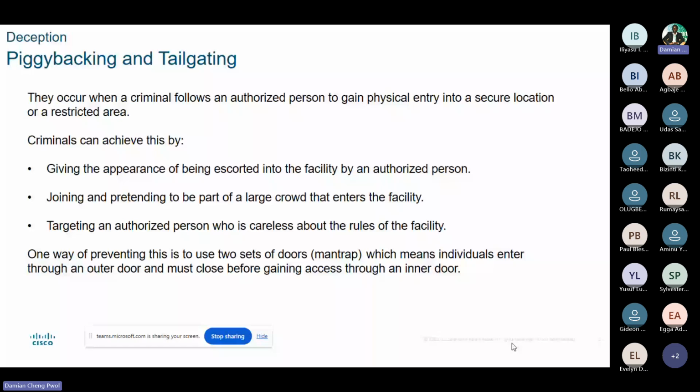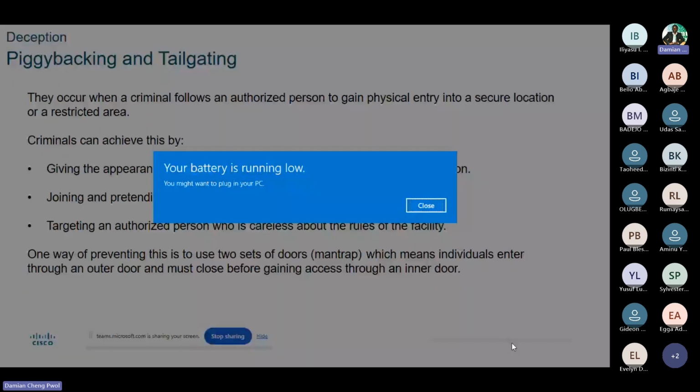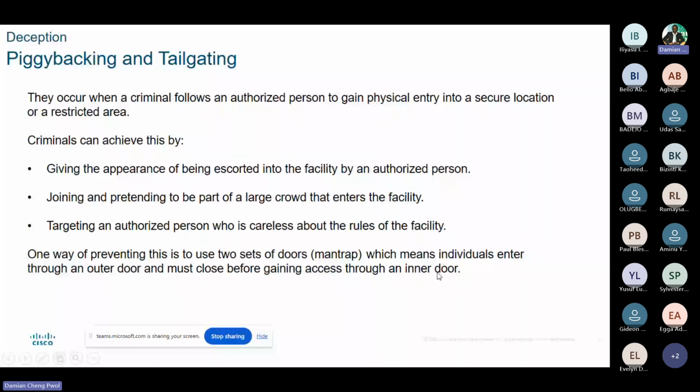All these are what criminals intend to do to gain access to a secure location. One way of preventing this is to use two sets of doors. We call it the man trap, which means individuals enter through an outer door and must close it before gaining access through an inner door.